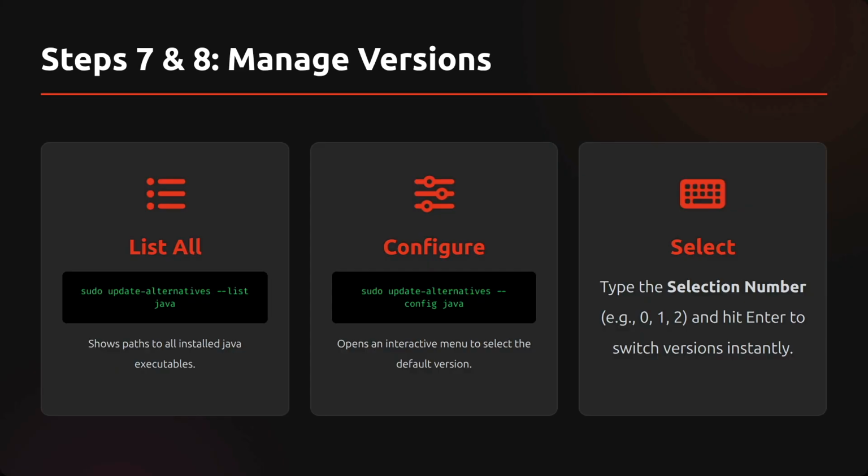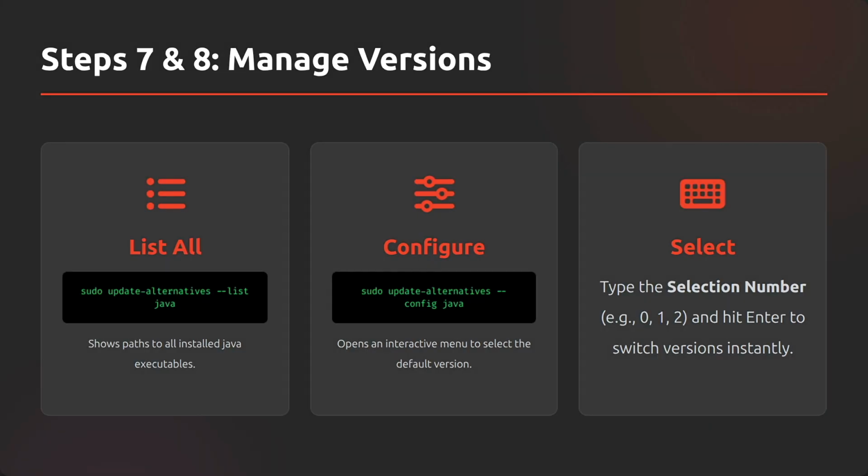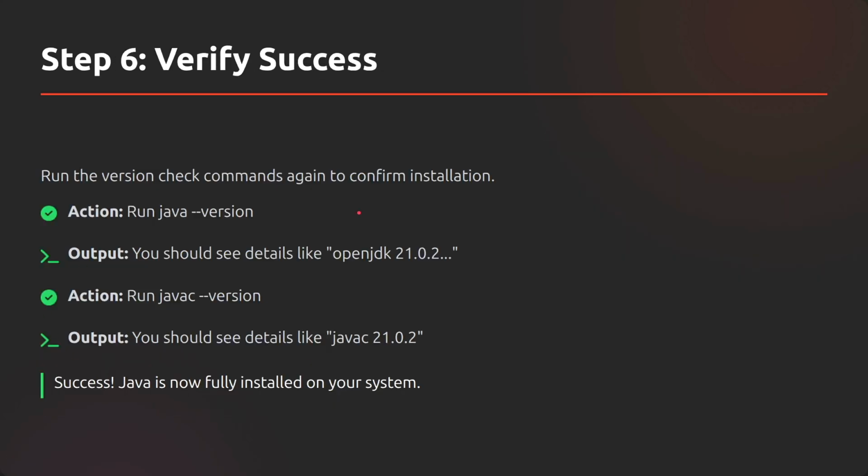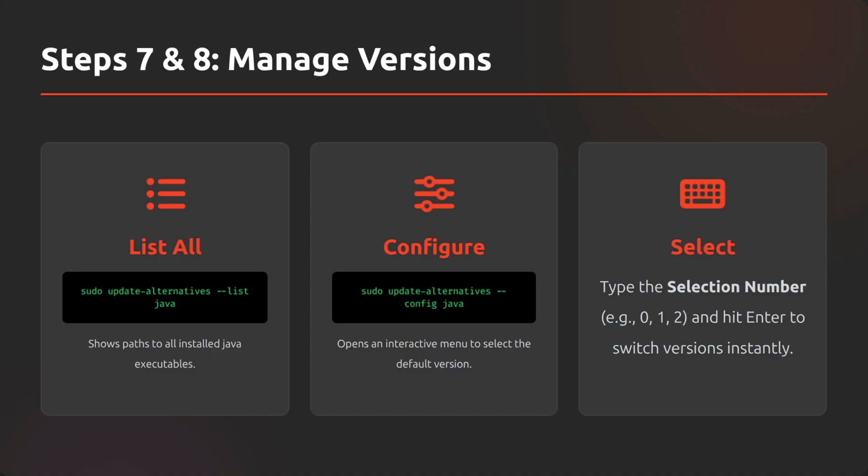But now in steps 7 and 8, what I want to show is how we can manage different versions. Now, if you see step 6, you can see only one version, the default one, which is getting utilized currently. But now you have installed four versions, so there should be a way to manage all these versions.